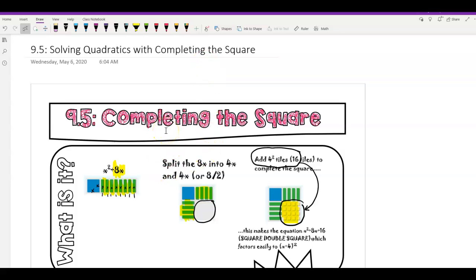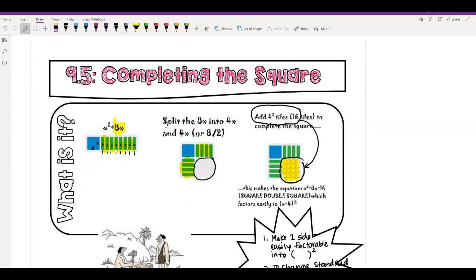The whole idea of completing the square is that we are going to create a situation where we can make one side of our parentheses a perfect square trinomial. If you remember back when we did factoring, we talked about those special cases. Like what if I had x plus 3 squared or x minus 3 squared?